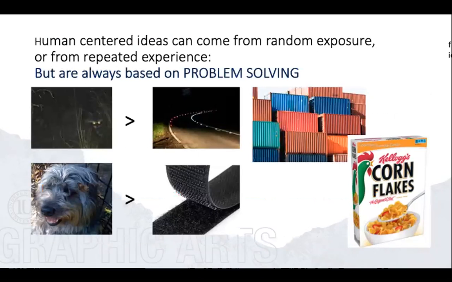So human-centered ideas can come from random exposure or from repeated experience, but they're always based on problem solving. So how can you solve these different, you know, for instance, roadways, you know, you see the raccoon on the left-hand side here. How can we make it more safe so we can see things on the road?